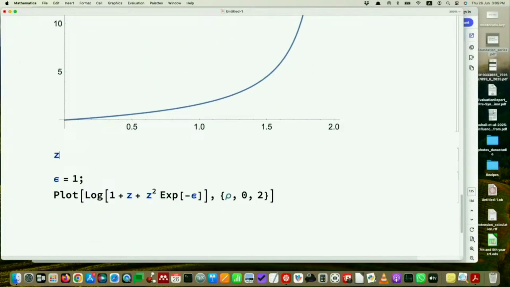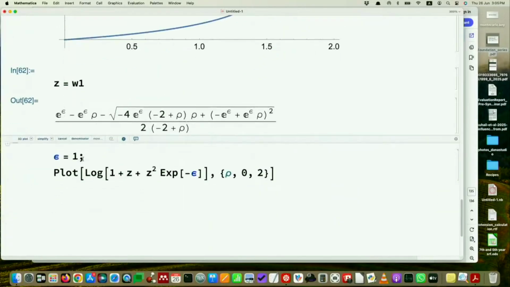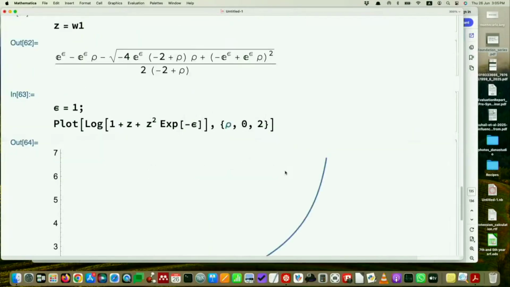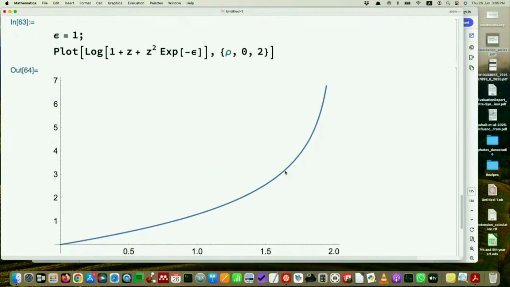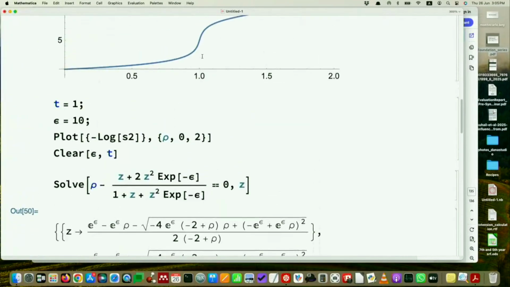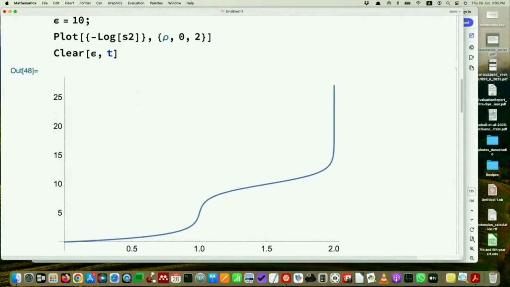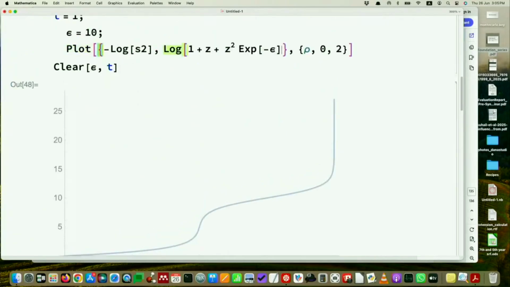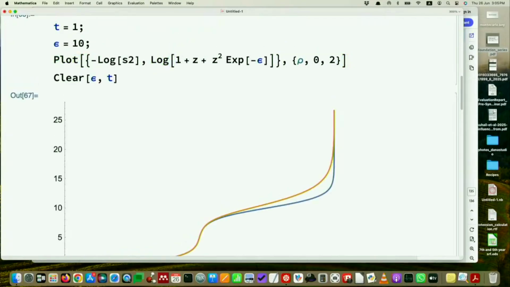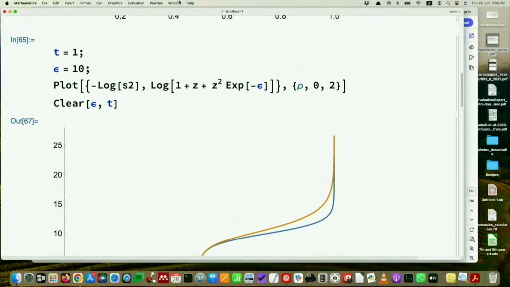So I think before that z is w1. And now we want to plot this. And you have got pressure as a function of density. Now I want to plot this together with, so we have done this calculation. We have got pressure as a function of density. I want to compare this with the previous plot, minus log S2. That will be, oops, log of 1 plus, epsilon equal to 1.